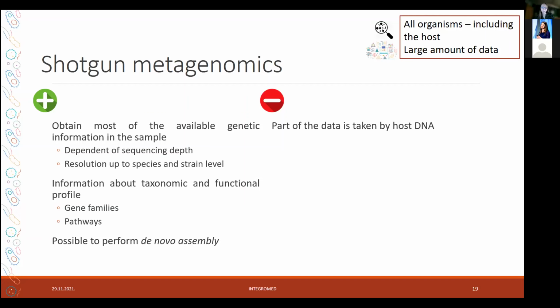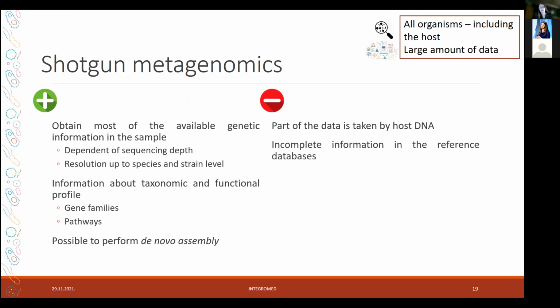However, if we would want to do shotgun metagenomics on mouse microbiome or skin microbiome, we would get 90–95% or even higher amount of host reads. And of course, there are also labs that are performing extra deep sequencing, also for these kind of microbiome subpopulations, but of course it's definitely more expensive.